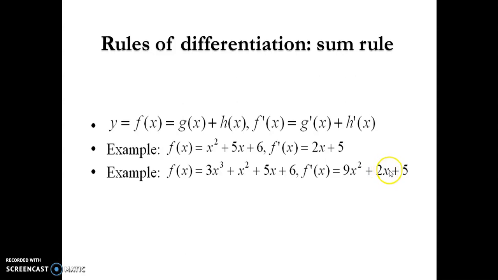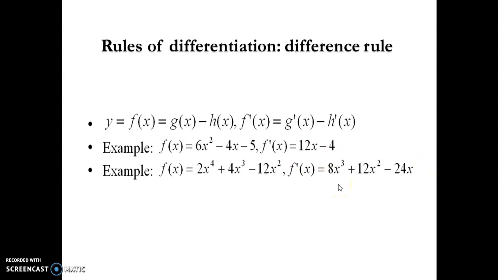So it's just 2x. And this is simply going to be 5, because we have an exponent of 1 multiplied by 5 times x raised to the power of 1 minus 1, which is 0, and x to the power of 0 is just 1. So that's 5. And you know that if you differentiate a constant, it differentiates to 0. So that is your sum rule.